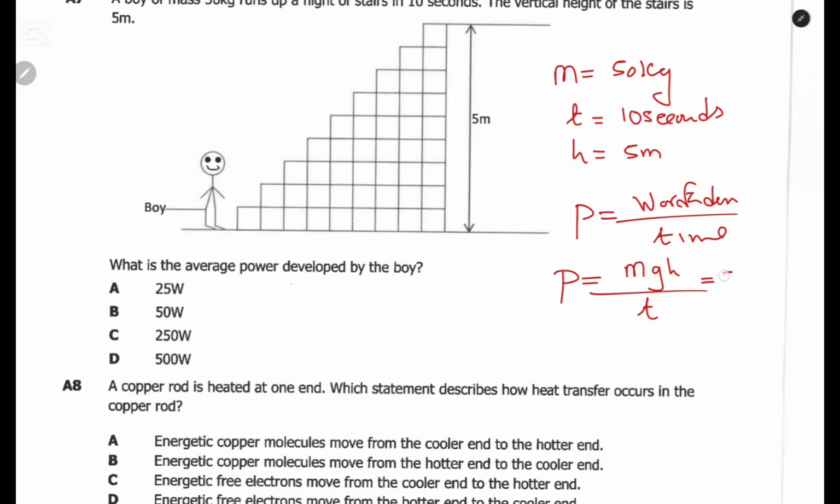So mass is 50, times gravity on earth is 10, multiplied by height, which is 5, divided by 10. On top we have 50 times 10 is 500, times 5 is 2,500, divided by 10. So we drop zeros and we are remaining with 250. Power is in watts, and therefore the answer is C.